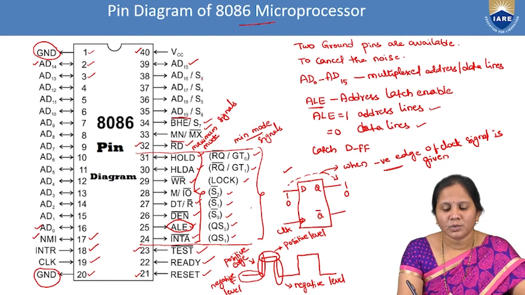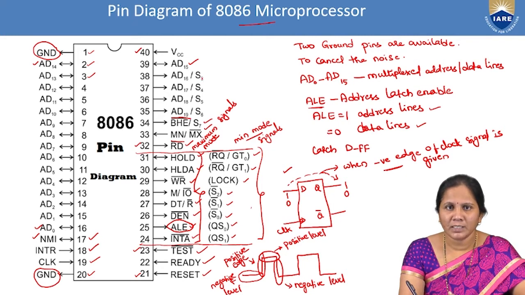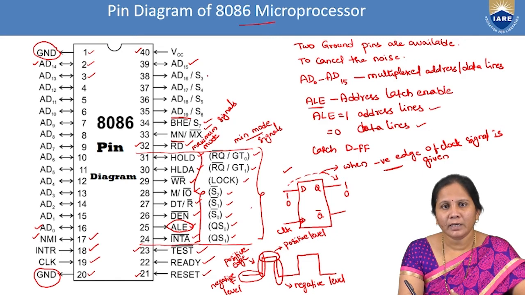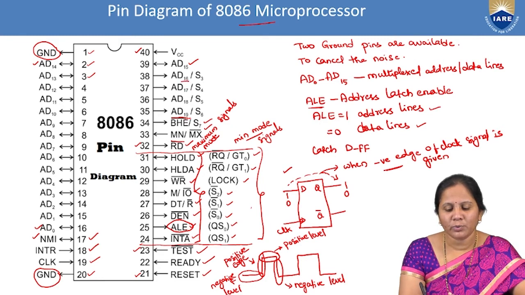The address and data multiplexed lines are only AD0 to AD15 because the data bus available is 16-bit, but the address bus available is 20-bit. The address lines AD16 to AD19 are not multiplexed with data lines, but with status lines.